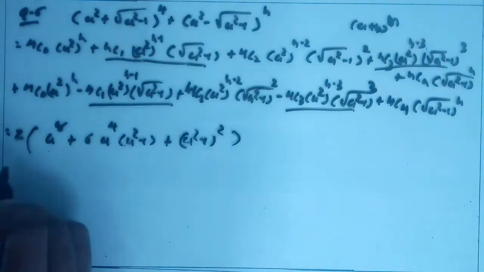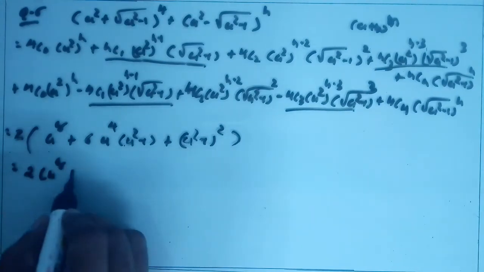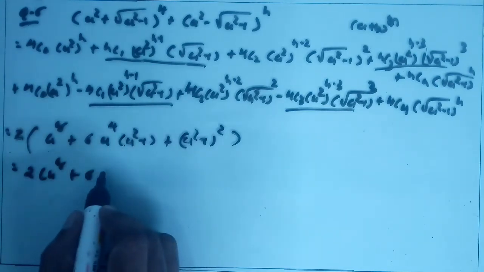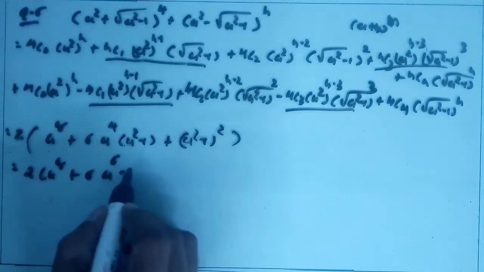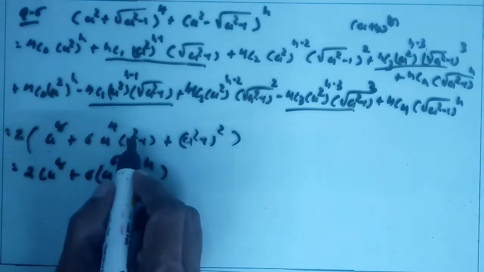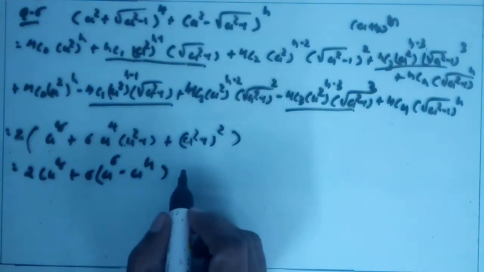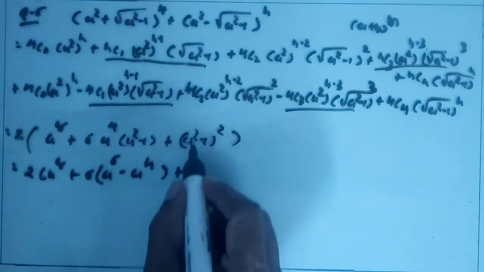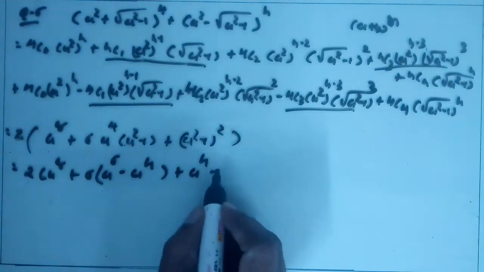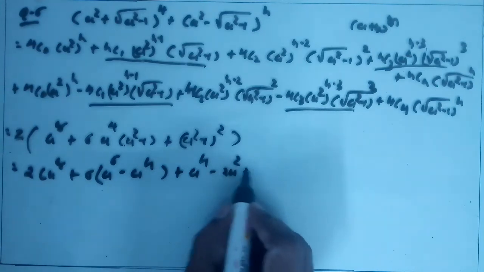Clear? Now simplify this. 2 into x⁸ plus 6 into x⁴, take inside, so x⁶ minus x⁴. You know that x⁴ into x² is equal to x⁴⁺², that is x⁶, plus (x² − 1)² becomes x⁴ − 2x² + 1.